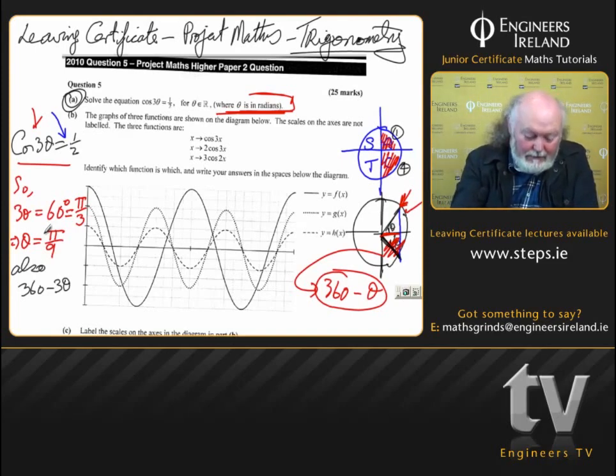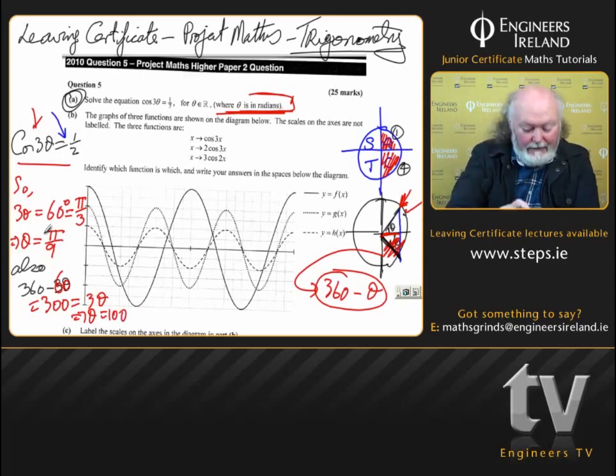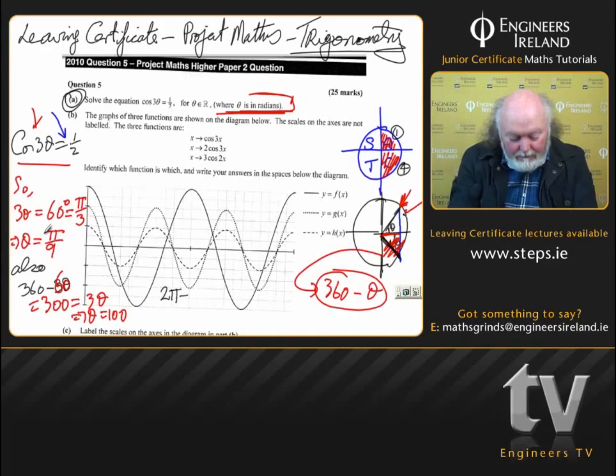What is the solution here? It's 360 minus the 60, which is 300, is equal to 3 theta, which implies theta equals 100. But we've been asked for radians.